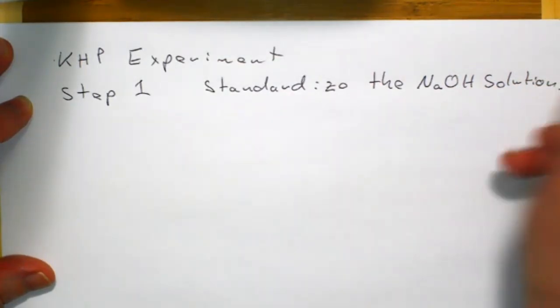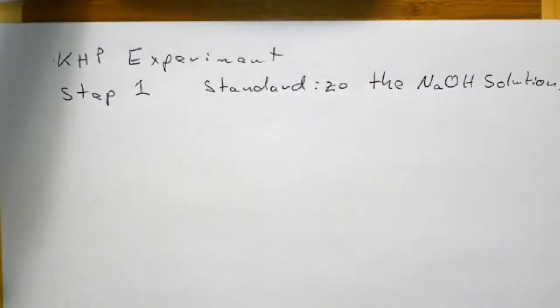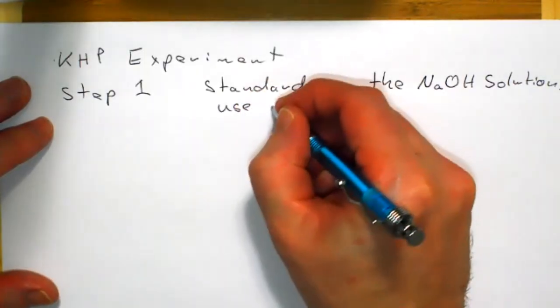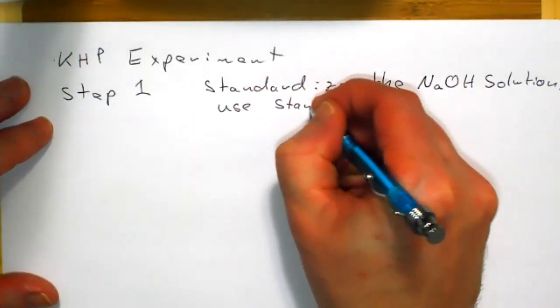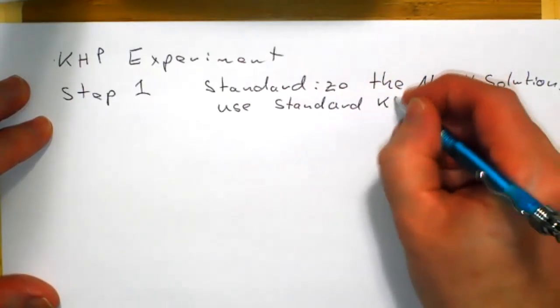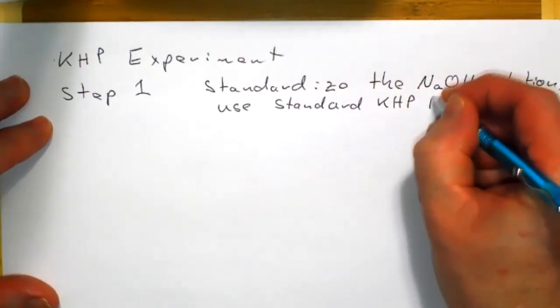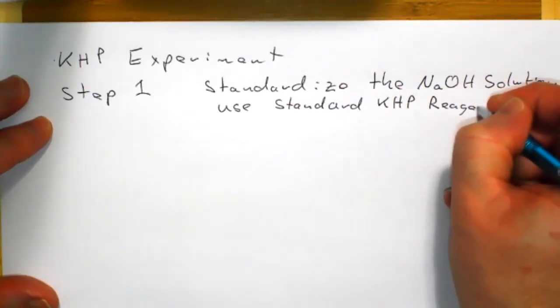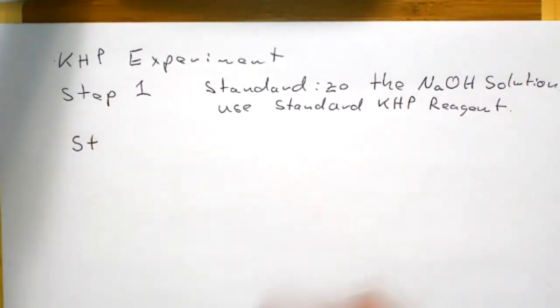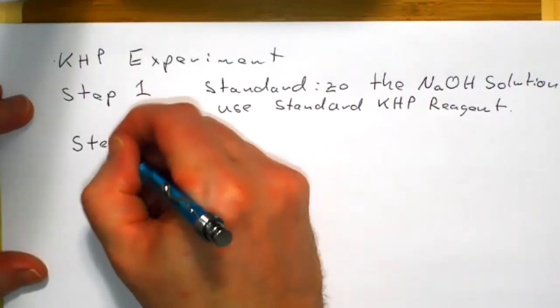So the first step is to standardize a sodium hydroxide solution, and we're going to use standard KHP reagent. And I'll diagram that in a second. And then the second step is our final step.